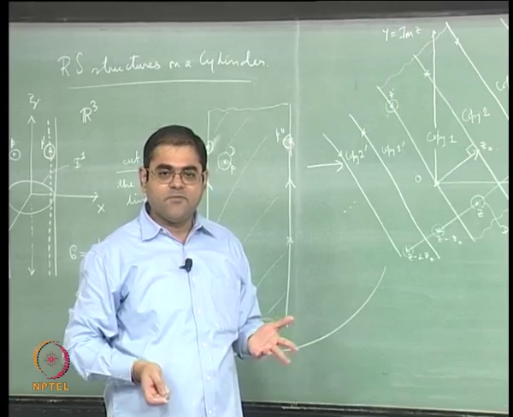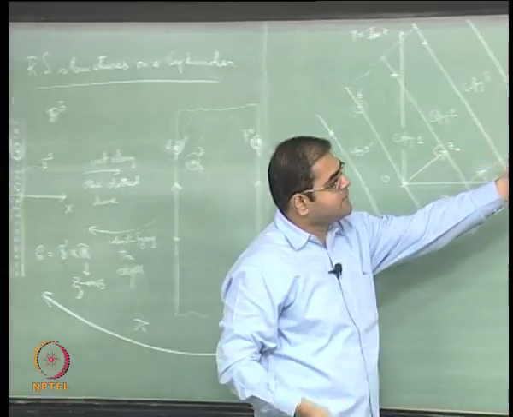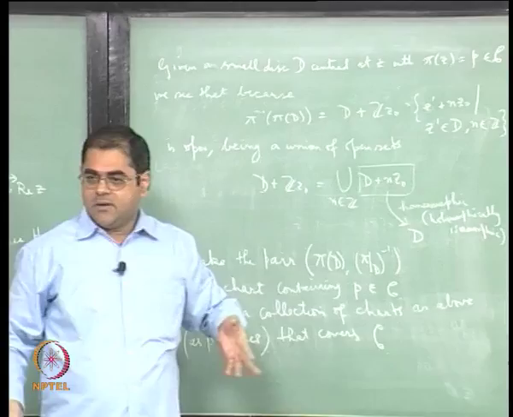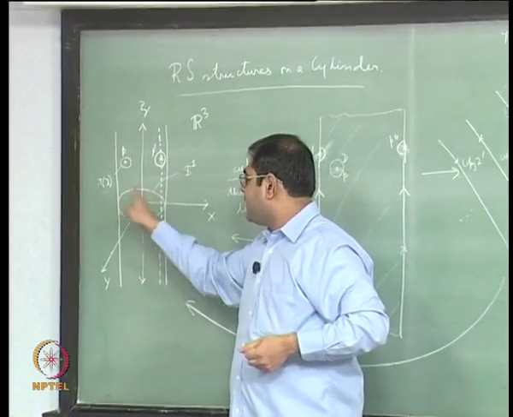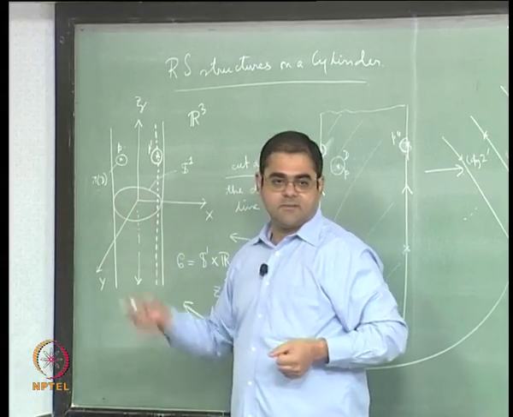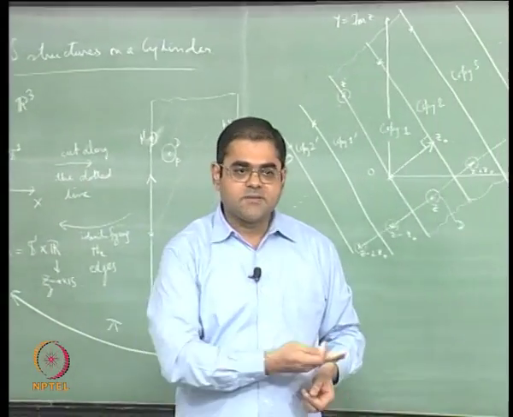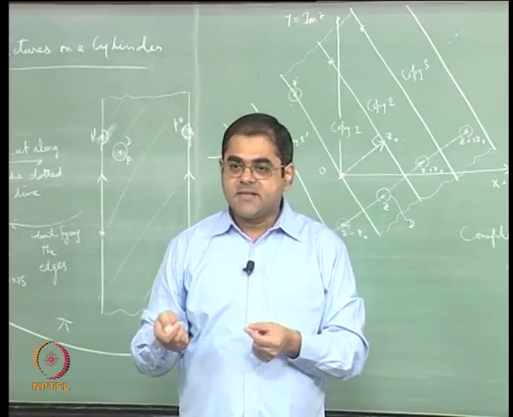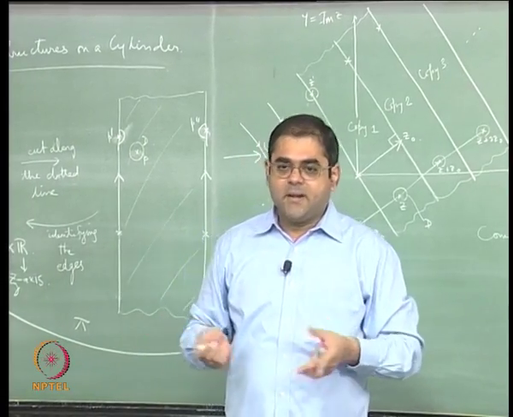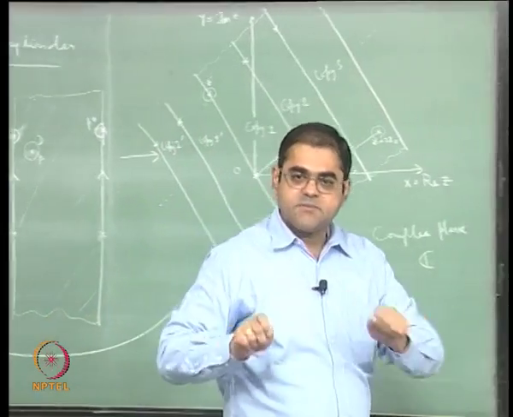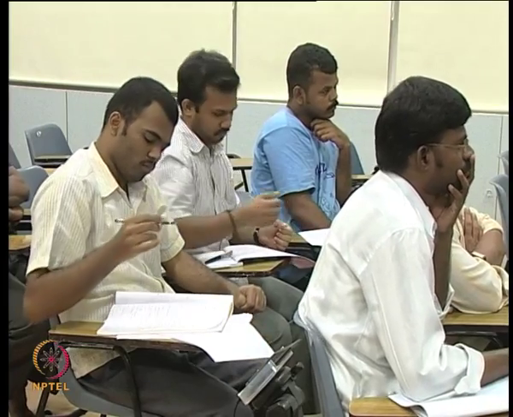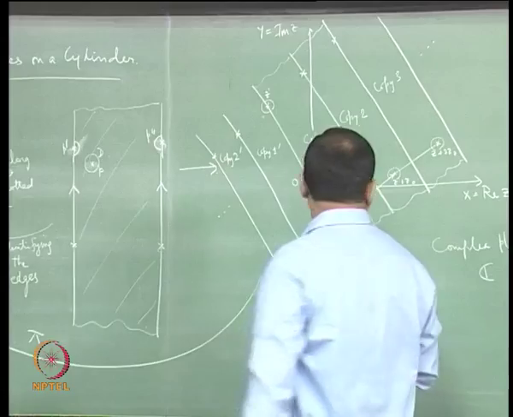If you take any z0 which is non-zero, you are going to get a cylinder anyway. The perpendicular section of the cylinder is going to be a circle whose radius is not 1, but it is the same as a cylinder up to a scaling. So it is the same surface, and on that also you will still get a Riemann surface structure.